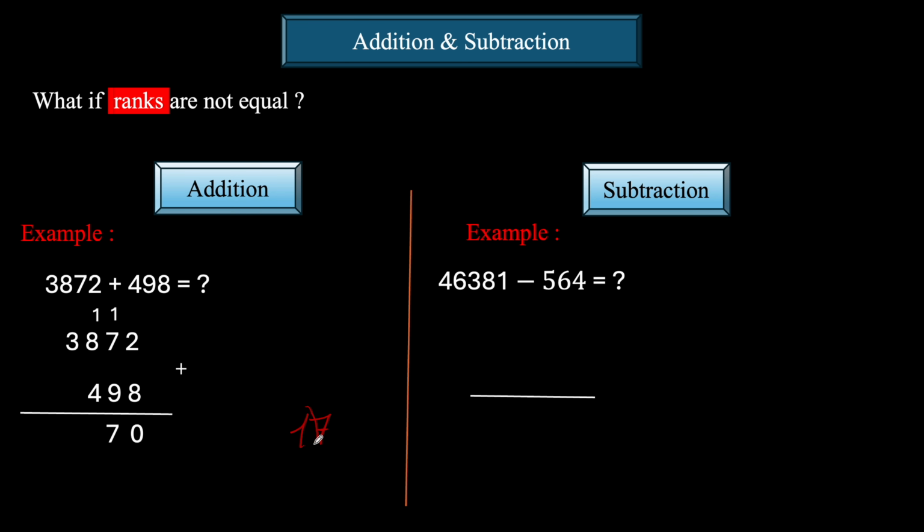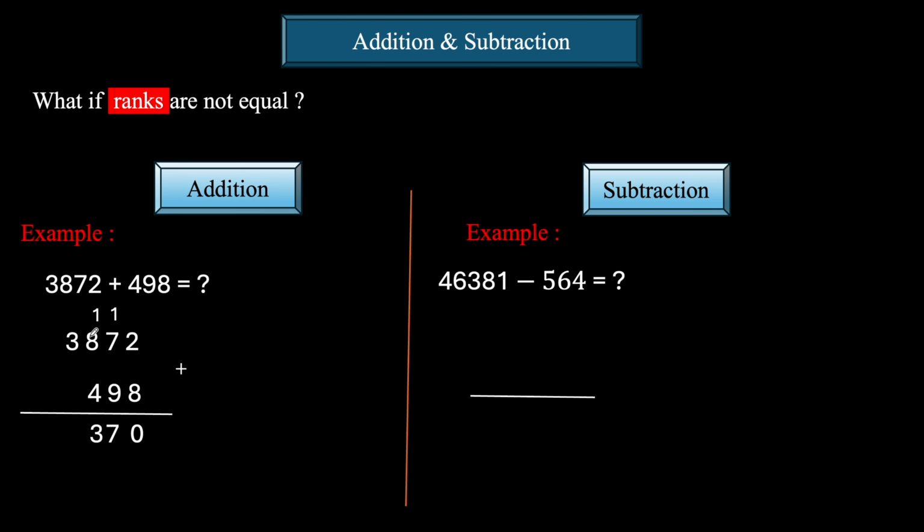You always take the first number here. Here we have 10. So you keep the 0 here and you take 1, put it here. If you had 28, 8 you keep, and 2 you put there. Okay, this is the rule.